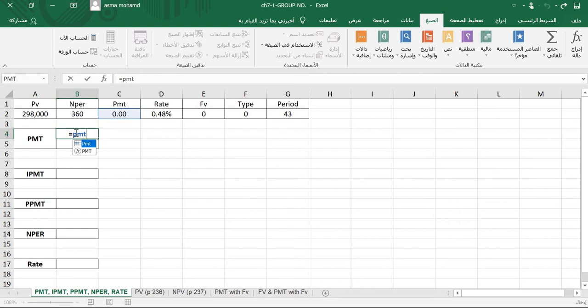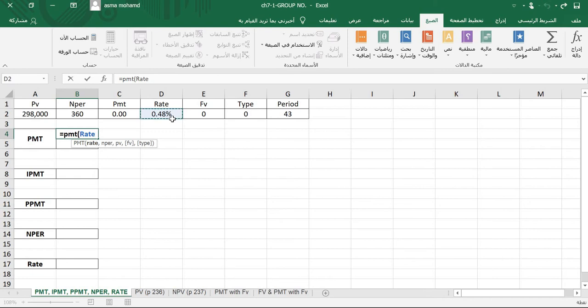We insert equal, then the PMT function, open a parenthesis and start inserting our arguments. The first argument Excel asks for is the rate. Make sure that if you are paying monthly, the rate is monthly.